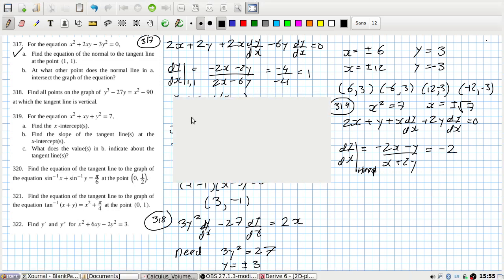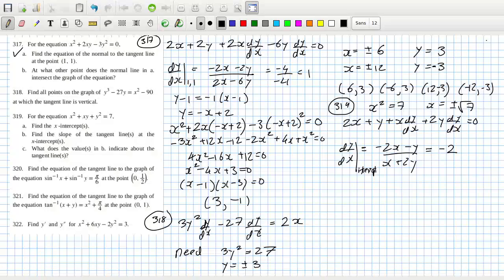Check that. Yep. What do the values in B indicate about the tangent lines? Well, they're downwards sloping.